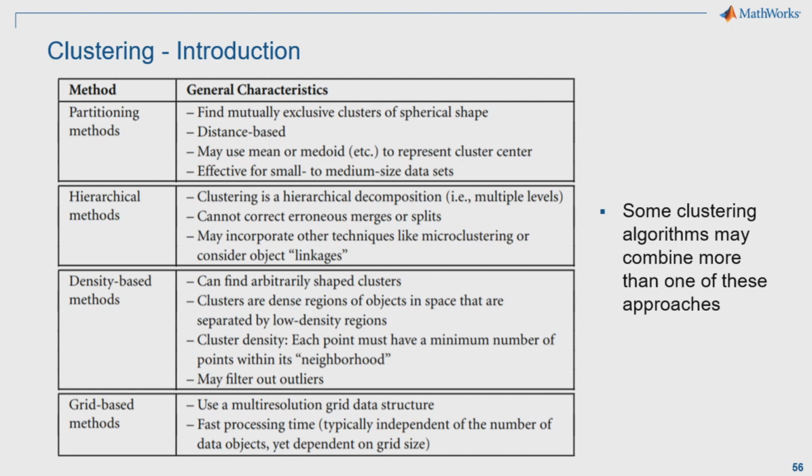I mean, there are many things to say about this kind of classification. What I can tell you is that today we're going to discuss essentially examples of partitioning methods and hierarchical methods.